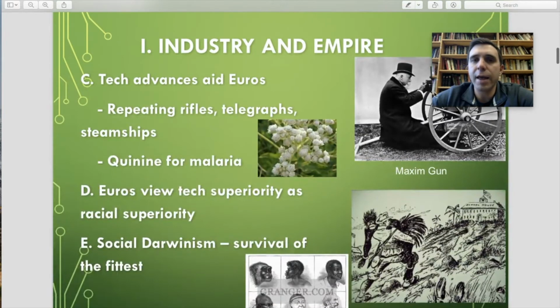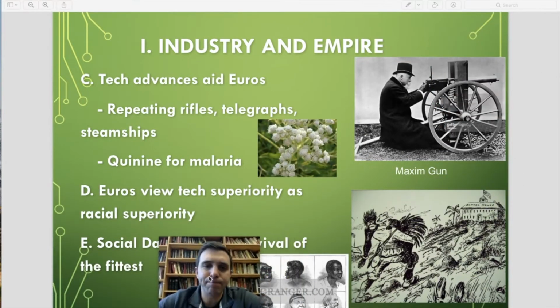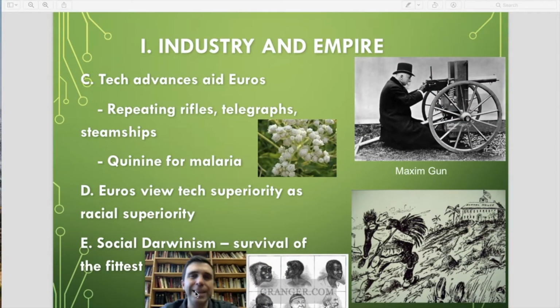All right, not necessarily easy, but how are Europeans able to take over large swaths of Africa and Asia? And it's not just Europeans, let's say the Western world. That's because of technological advantage first: the utilization of repeating rifles.